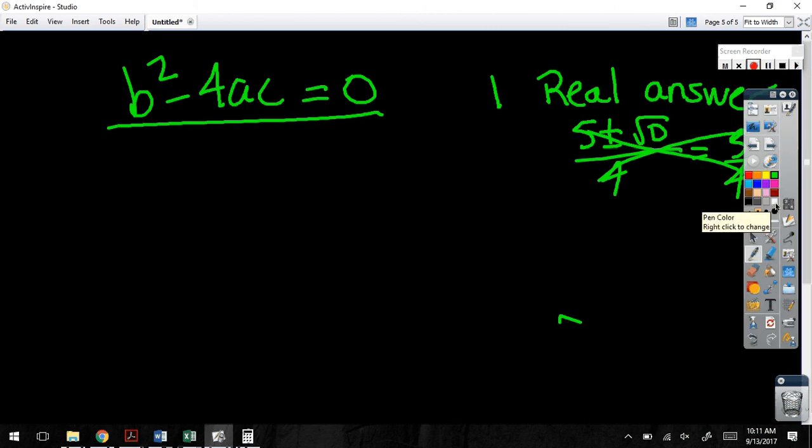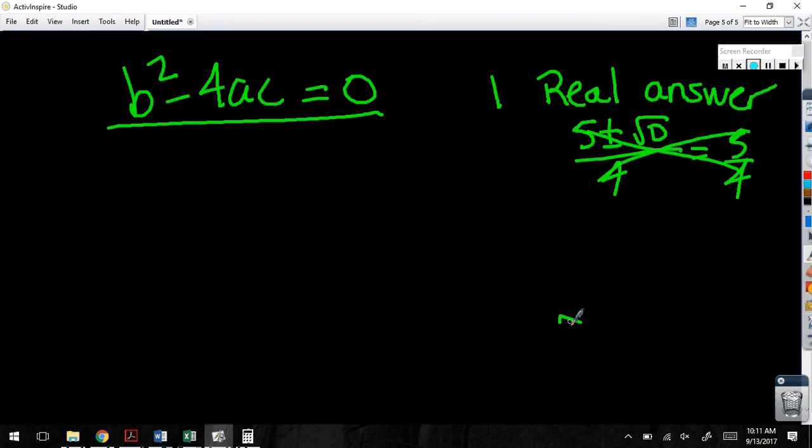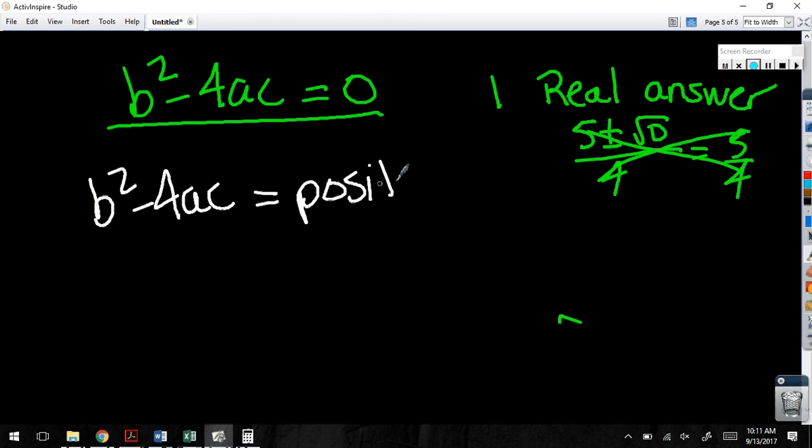All right. Let's look at another scenario. What else could I possibly get under that radical, if it's not 0? If I get a positive number, any positive number in the whole world, how many answers do I get?